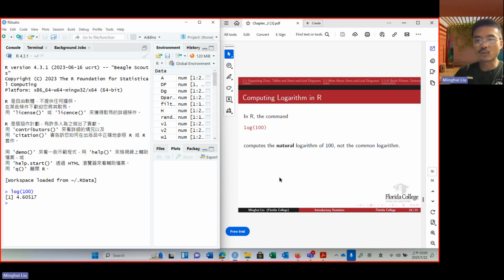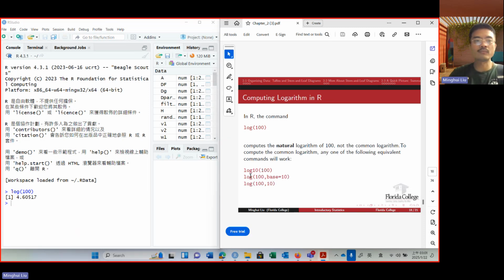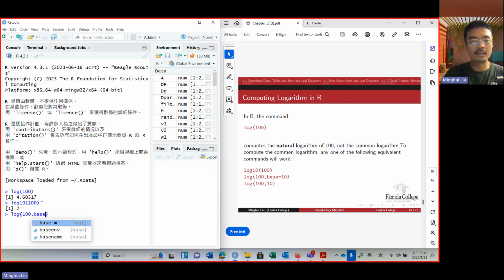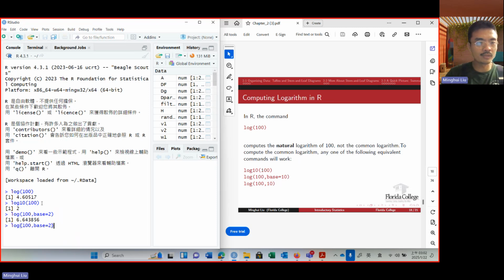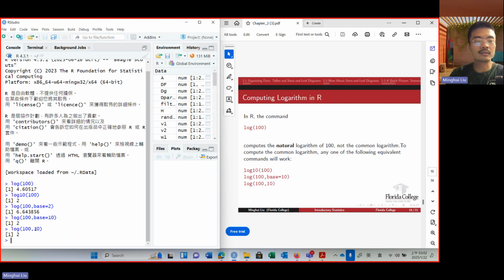You might naturally ask, what if I want to do the base 10 logarithm? There are a couple of ways to do it. You can do log10 of 100. That is one way to specify the base. The answer is 2, as expected. Or you can do log of 100 and specify base equals 10. That gives you 2. Or simply log of 100 and then comma 10, and the second input is interpreted as the base.